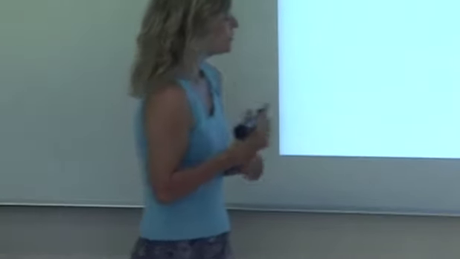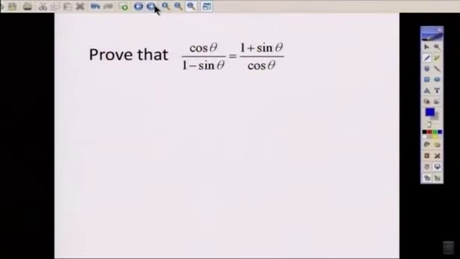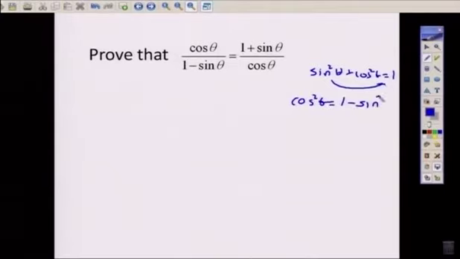And I know my Pythagorean identities tell me that sine squared theta plus cosine squared theta equals 1. So I know cosine squared theta is 1 minus sine squared theta.